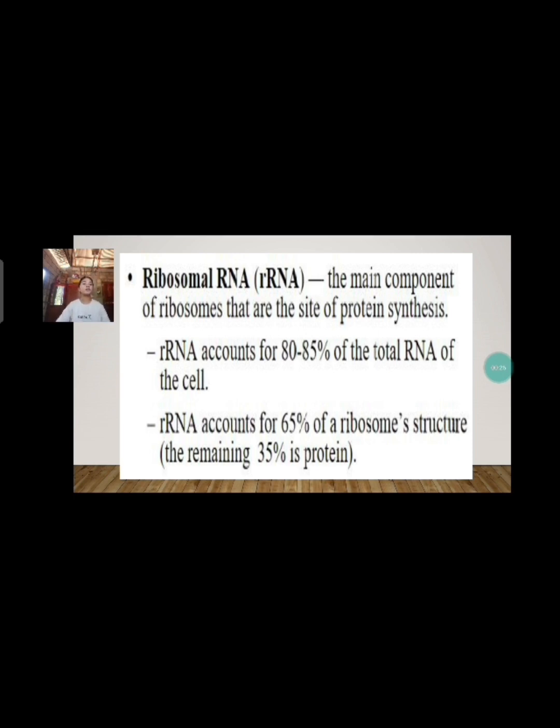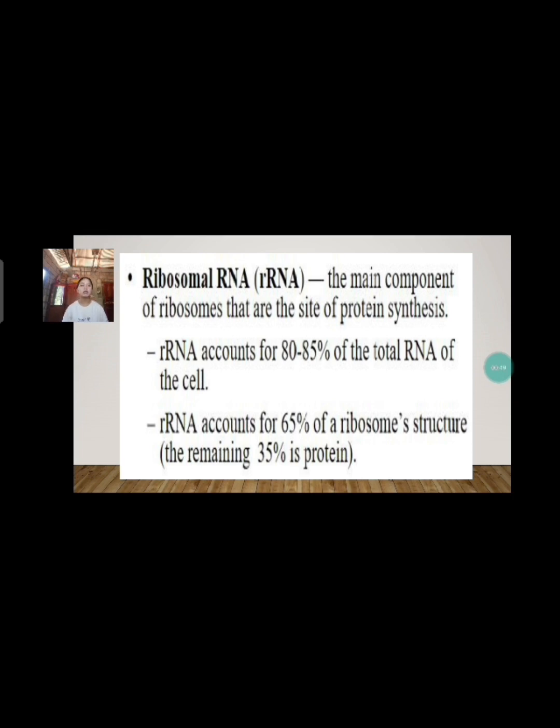The remaining 35% is protein. So ribosomal RNA is found in the ribosomes; the rRNA represents about 40 to 60% of the total weight of the ribosomes. Relatively, it consists of about 80% of the total RNA of the cells.